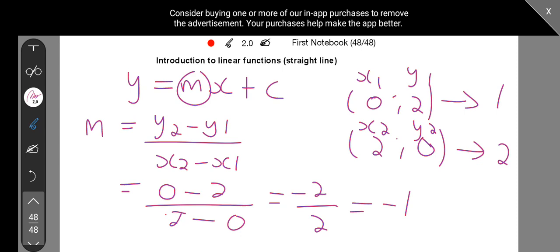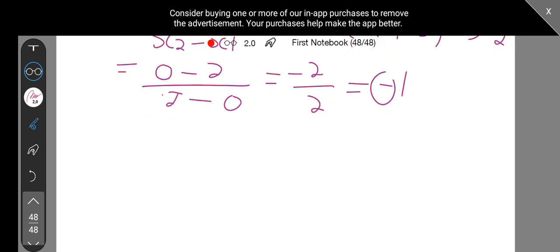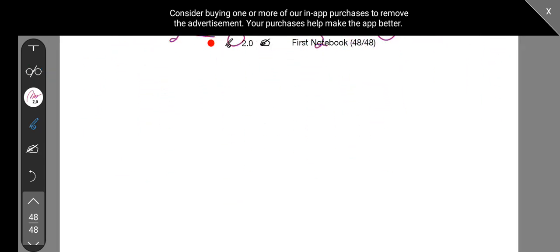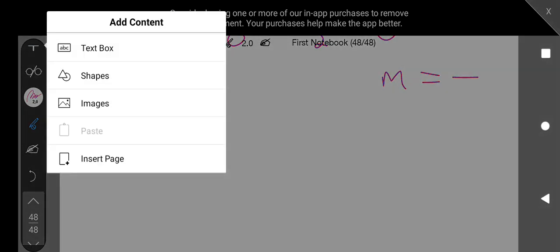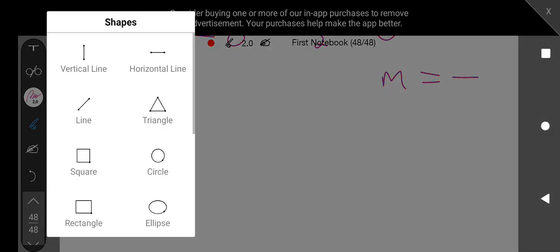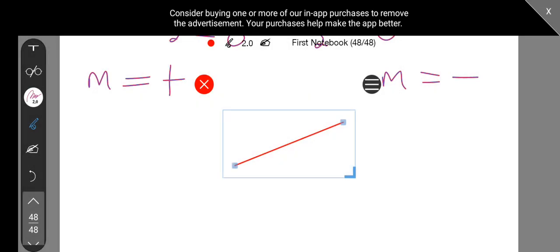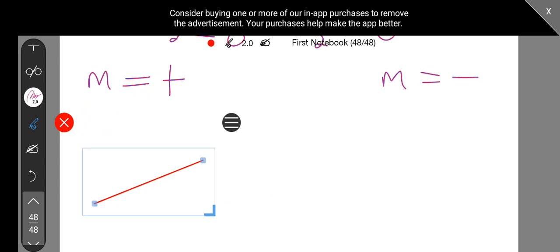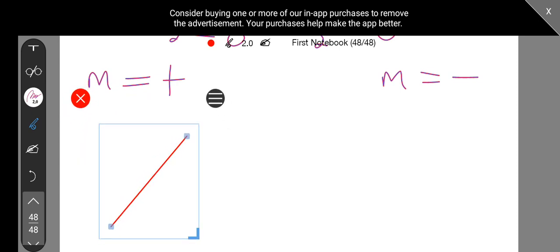Note that the slope there is negative. This means that it's a decreasing function. If m is positive or if m is negative, there's something you must note. If m is positive, the slope is like this. It's an increasing function.